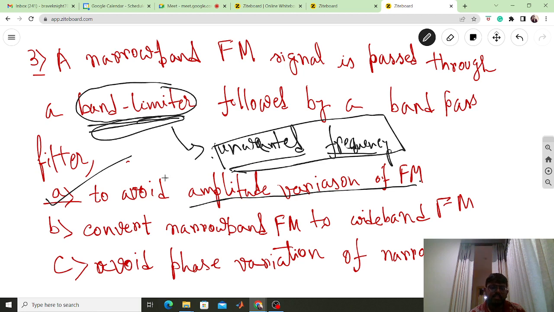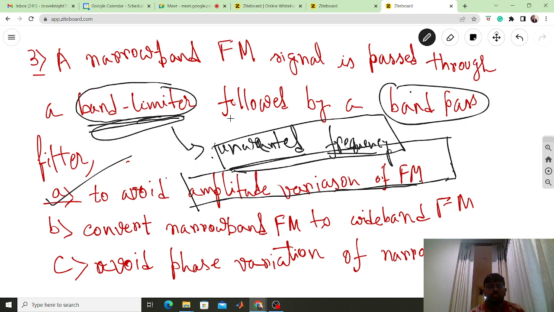So the amplitude variation of the FM signal may be reduced by using a band limiter followed by a bandpass filter. All the unwanted frequencies will not come in this range if we use a band limiter. Let us go to the next question.